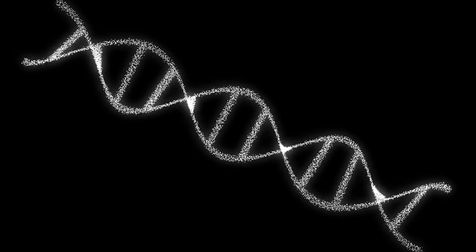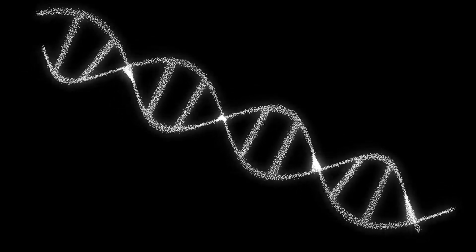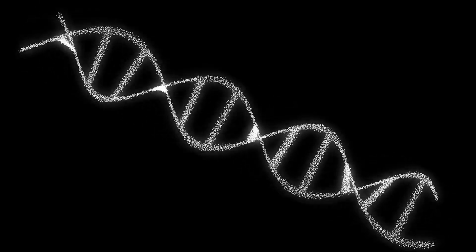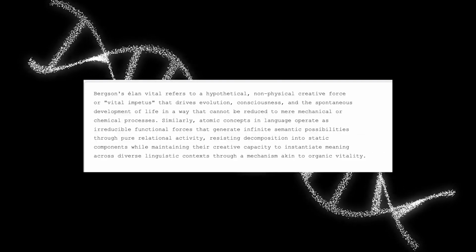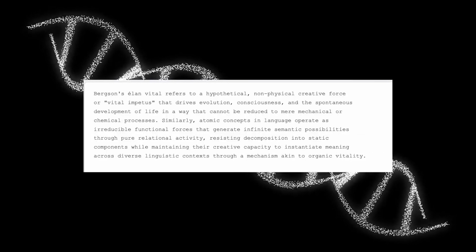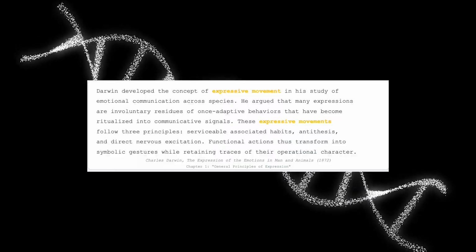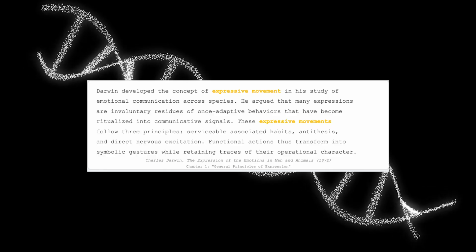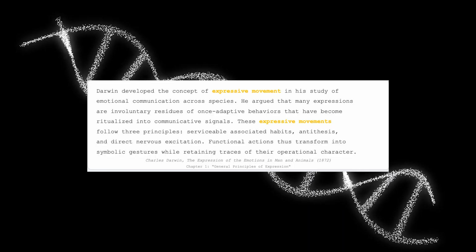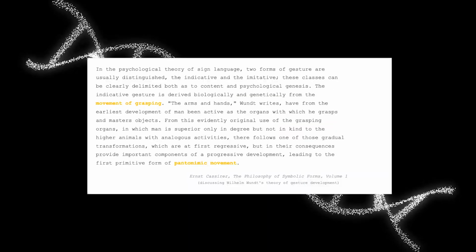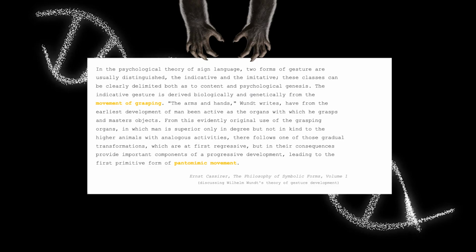Atomic concepts, if we can describe them in the simplest terms, strike us as reflexive, vital, in Bergson's sense, or as an expressive movement in Darwin's sense. Psychologist Wundt writes that the arms and hands, as the organs through which we grasp and master objects, are only superior in humans compared to higher animals in degree, not in kind.